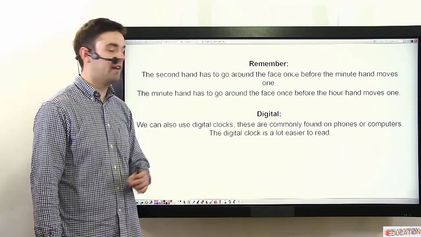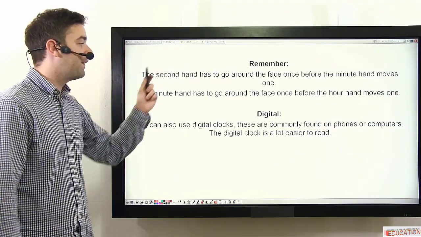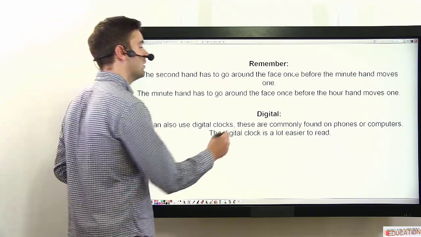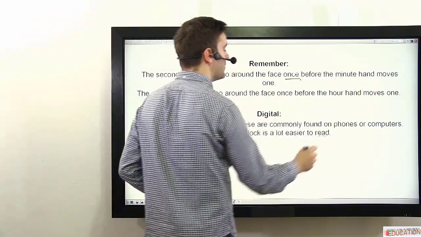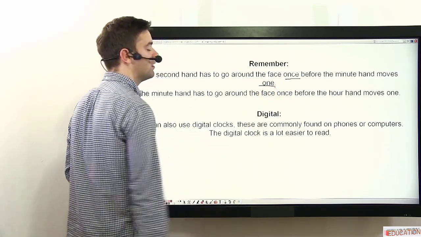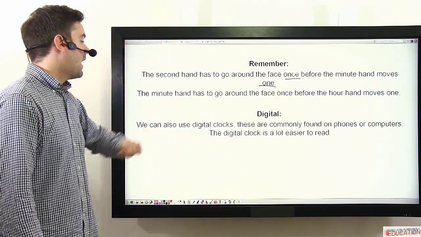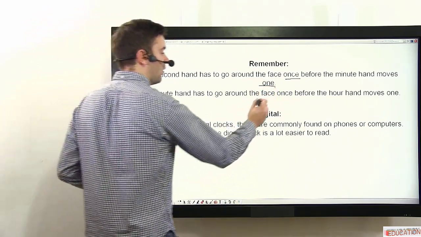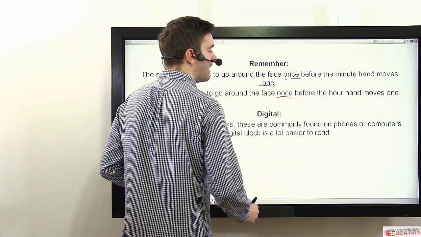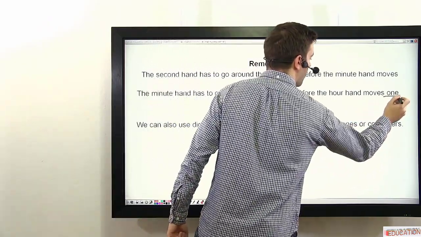Remember, the second hand has to go around the face once before the minute hand moves 1. The minute hand has to go around the face once before the hour hand moves 1.